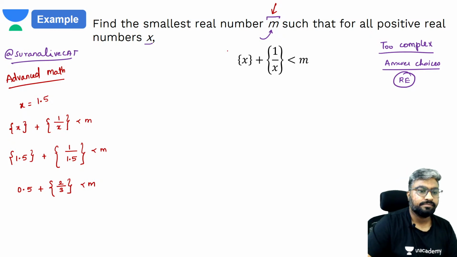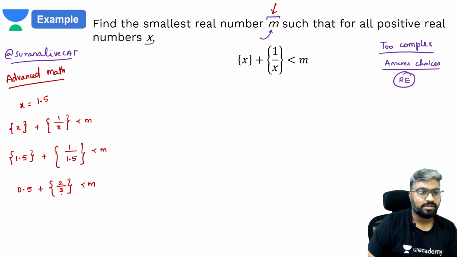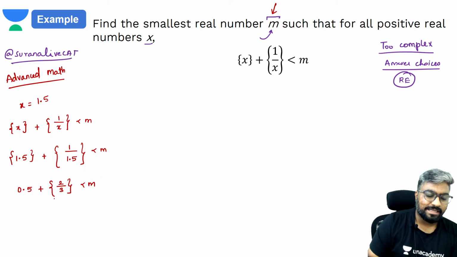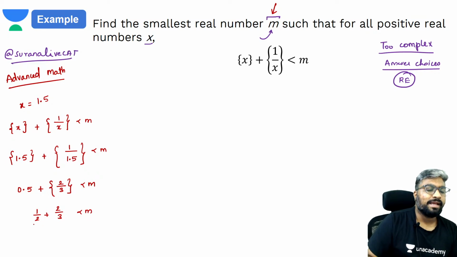Do you agree? 2 by 3 is 0.6666, so 2 by 3 itself is the fractional part. So 0.5 or 1 by 2 plus 2 by 3 should be less than m. Are you getting this? यहाँ पे क्या मिल जाएगा हमें?